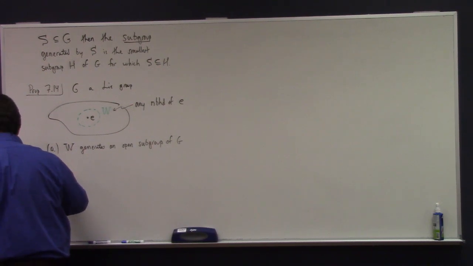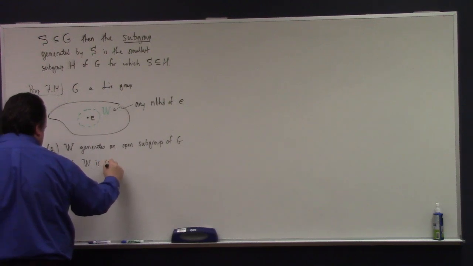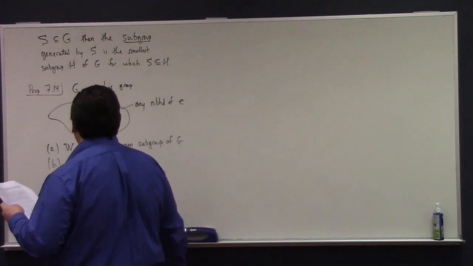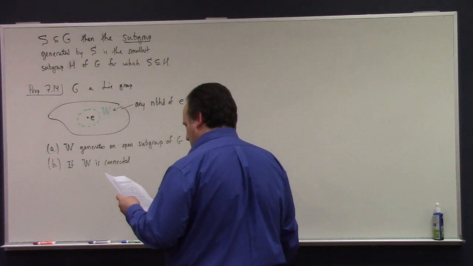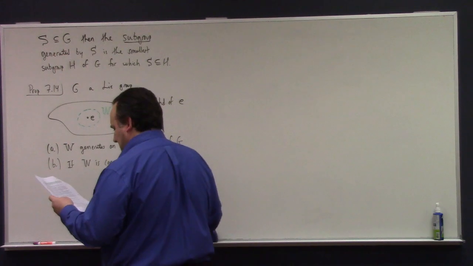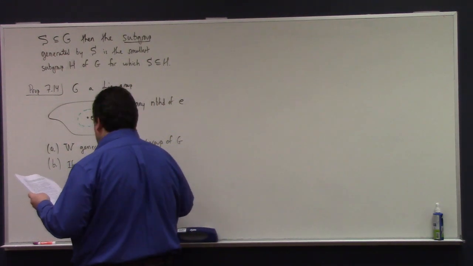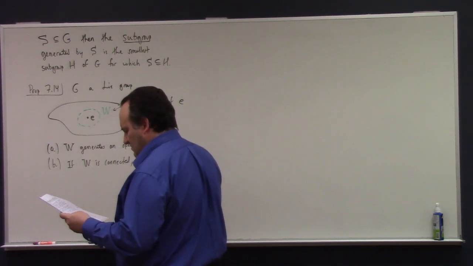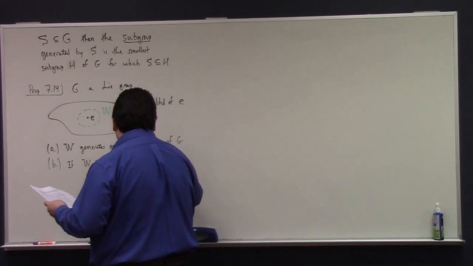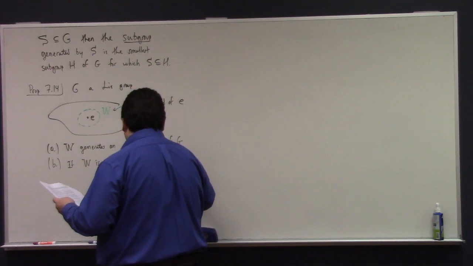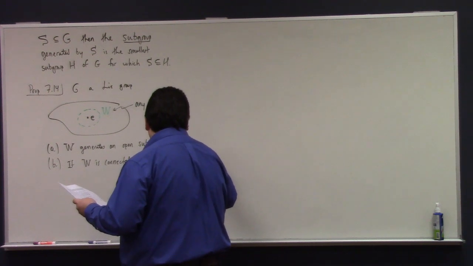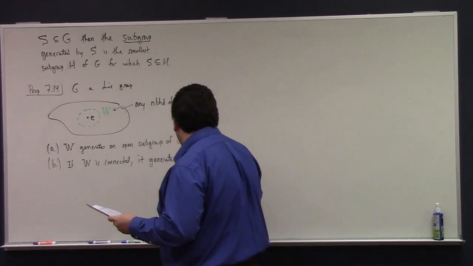(b) If W is connected, who on earth uses a disconnected neighborhood of the identity? What's wrong with these people? Good grief. If W is connected, it generates a connected open subgroup. I'm repulsed by unconnected neighborhoods, but then again, I haven't taught reals, so what do I know?